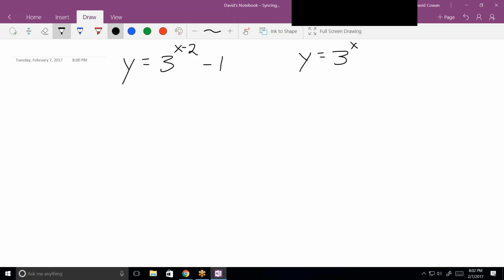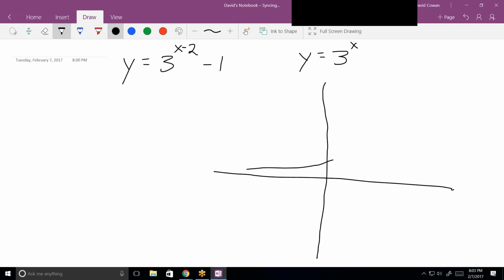So let's graph the parent function. All exponential functions tend to look pretty much the same. If I drew that, they all go through this point, 0, 1, because anything to the 0th power is 1.